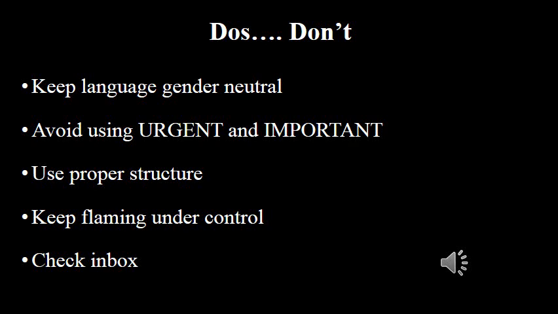The next, avoid using words like urgent or important. When we are drafting a communication through email, it is better to avoid urgent or important, or using a red mark as urgent or important. The communication itself gives the insight that it is very urgent or important. Like that, we have to prepare an email.